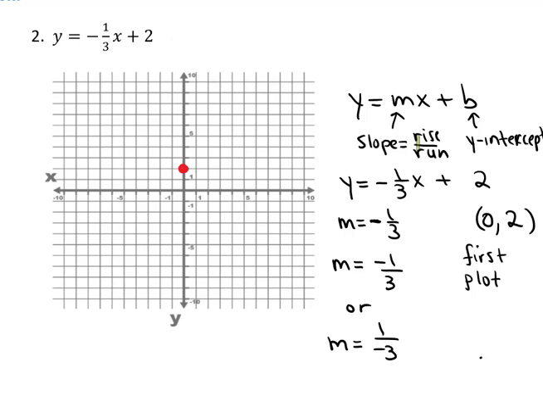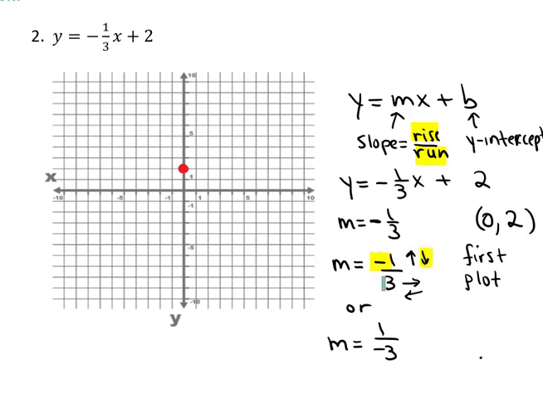And like I said, it's defined as the rise over the run. So the rise is going to tell you how many units you're supposed to go up or down. And the run tells you how many units you go right or left, depending on the sign. Since on the first definition of the slope of negative 1/3, we made the 1 negative, that means you would have to go down 1.